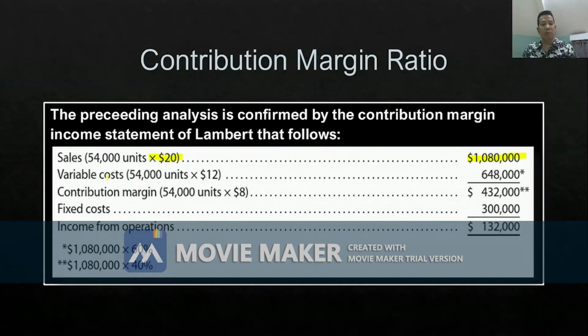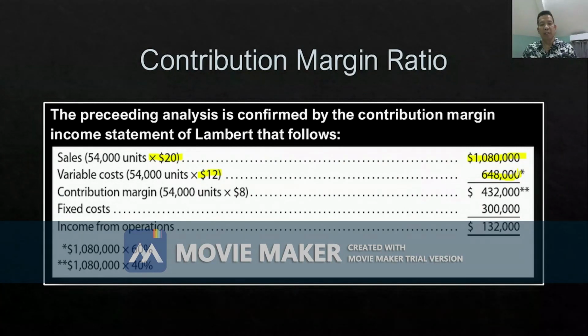For the variable cost, we multiply by 12, so we have $648,000.